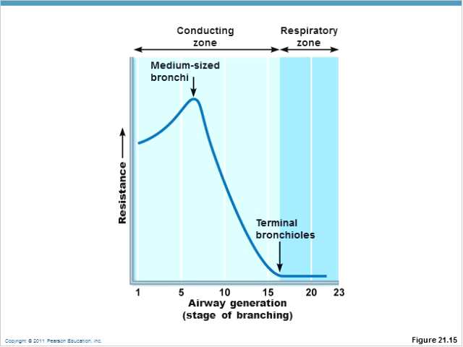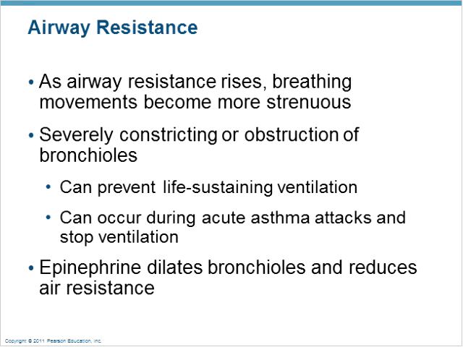What you're seeing here is the conducting zone, and you see the resistance increase as it gets to medium-sized bronchi, and then it starts to decrease as you get down to those terminal bronchioles.